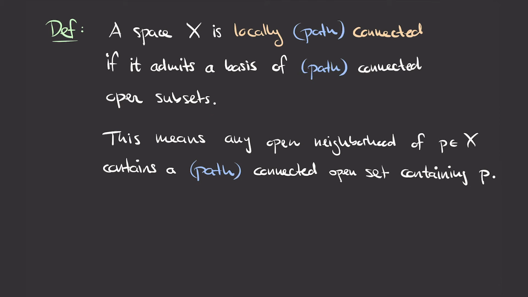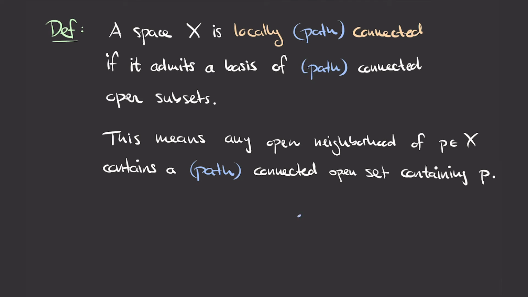Another way of phrasing this definition is saying that a space is locally connected if for any point P in that space and any open neighborhood of that point P, there exists some connected open set that is both contained within the neighborhood and also contains the point P. This description is more explicit, but it's also a bit more convoluted.